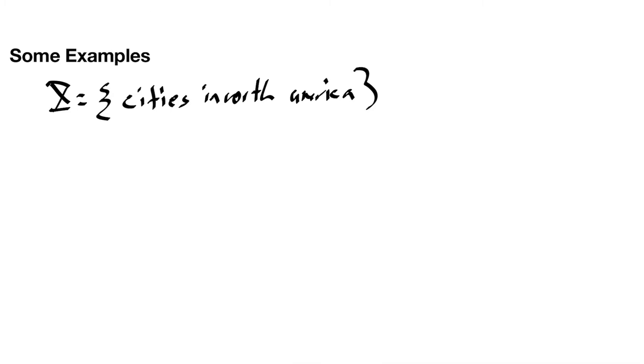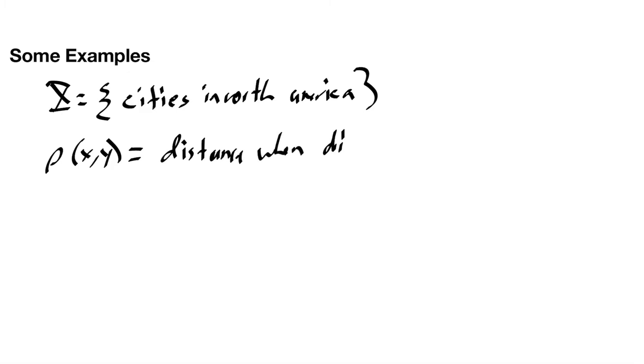And then we'll define rho of any two cities to be the distance when driving between the two cities. And we're going to disregard things like off-ramps, because technically going from one city might be just a few feet shorter than coming back because of off-ramps. But we're just going to take the general heart of the thing.